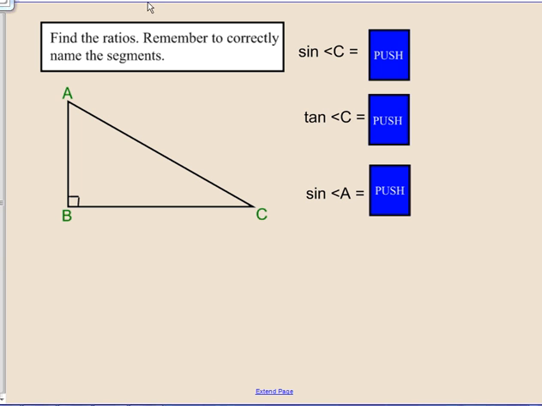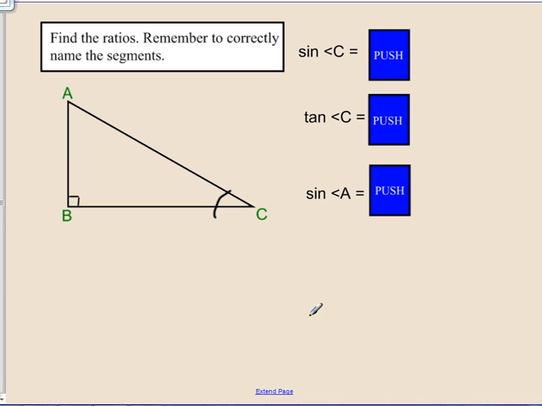All right, so find the ratios. Remember to correctly name the segments. We have this triangle ABC. It's a right triangle, and we know this because it has the 90-degree symbol in the corner. They're asking you to name the segments of the ratio that is the sine of angle C, so we're talking about the angle right here.